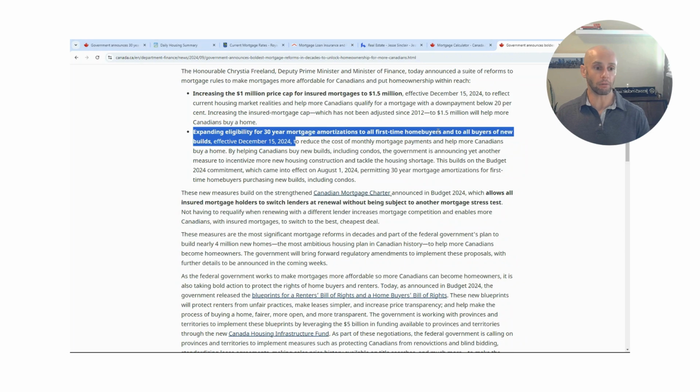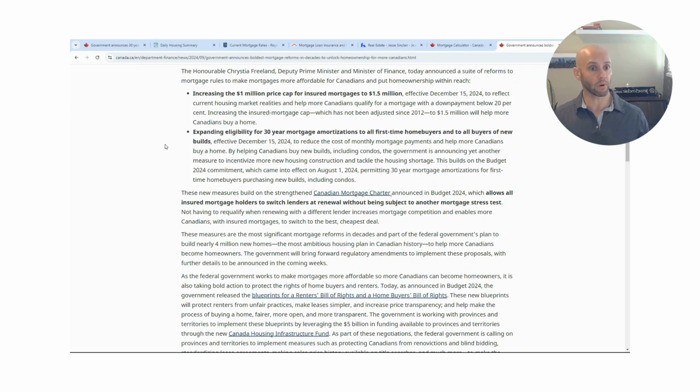And then all buyers of new builds will also qualify for that 30-year AM. So that's a change. It's going to make things a little bit more affordable.